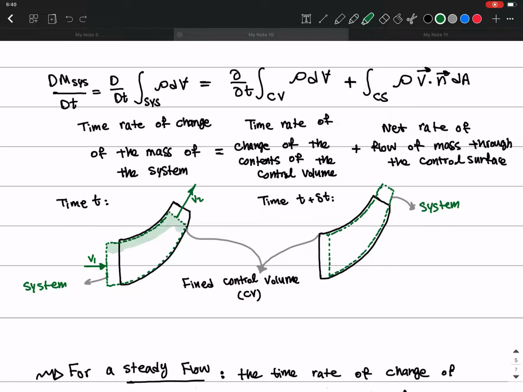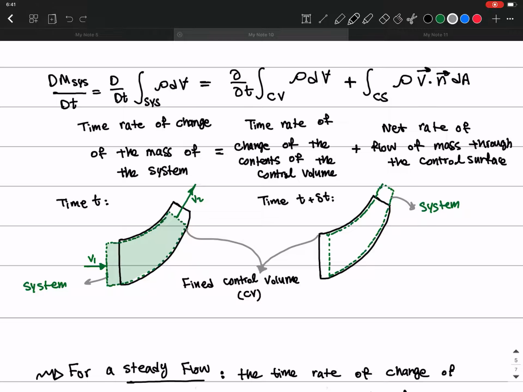If you imagine or consider a system of fluid, this says that the time rate of change of the mass of the system equals the time rate of change of the mass of the control volume. How much of the mass is changed within this control volume that I have shown here.